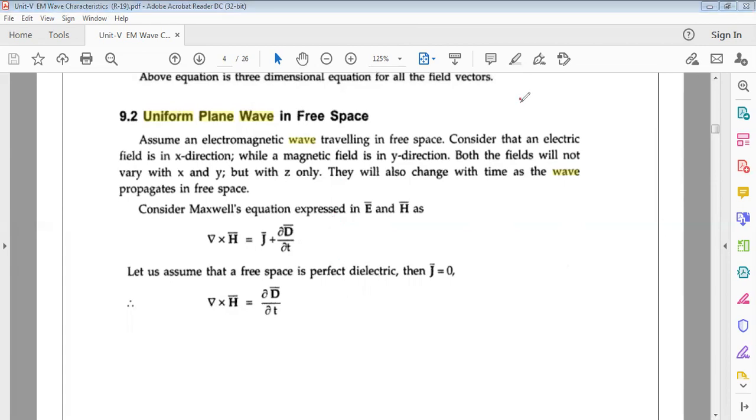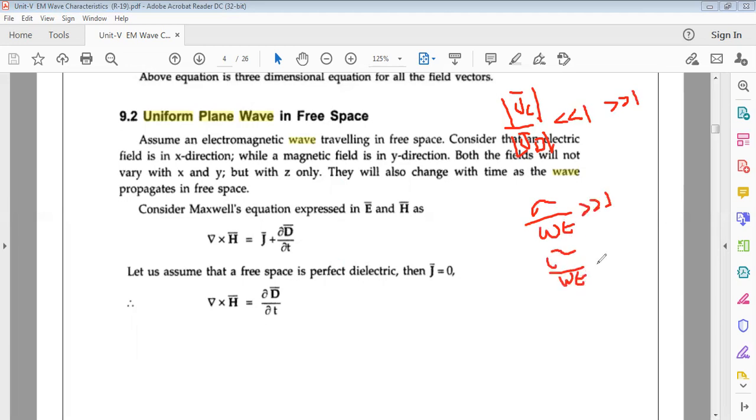We know the magnitude of JC bar by JD bar is very much less than 1 or very much greater than 1. JC by JD, that is sigma by omega epsilon, is very much greater than 1 in one case, and sigma by omega epsilon very much less than 1 is the second condition. Free space means sigma is very much less than omega epsilon, which means conductivity is very small compared to the dielectric.